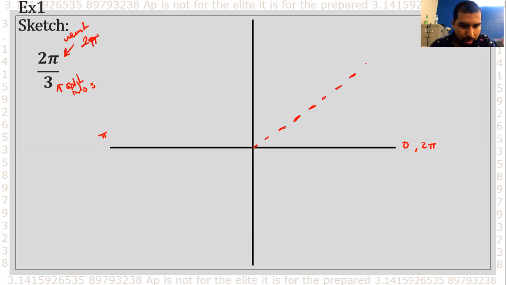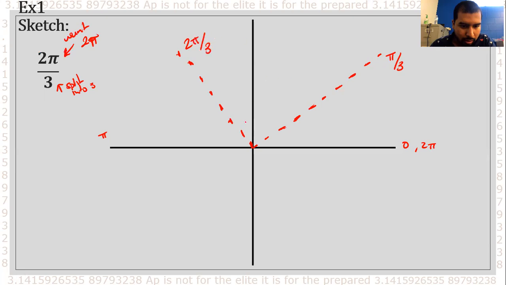So this right here, pi over 3, is one of them, which you should know is 60 degrees. And then another one, if I do it equally, is another pi over 3. So pi over 3 plus pi over 3 gives me 2 pi over 3.